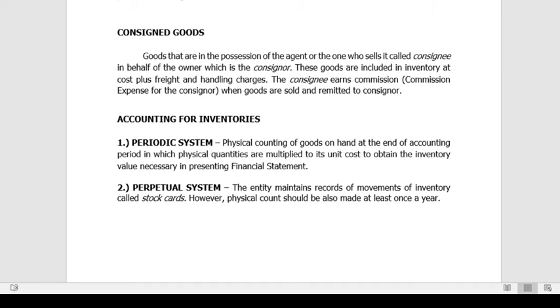So dapat yung consignor ang mag-report sa kanyang inventory. Hindi pwedeng i-report sa financial statement ng consignee yung mga consigned goods na yon as inventory. Okay, so dapat klaro yun sa'yo.